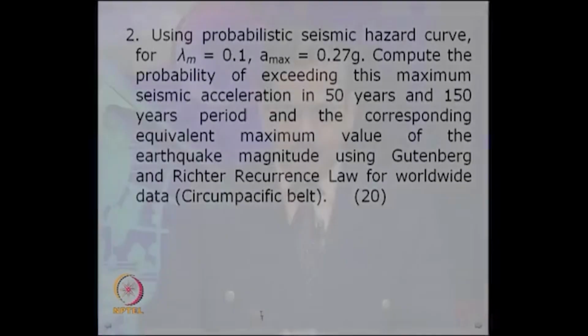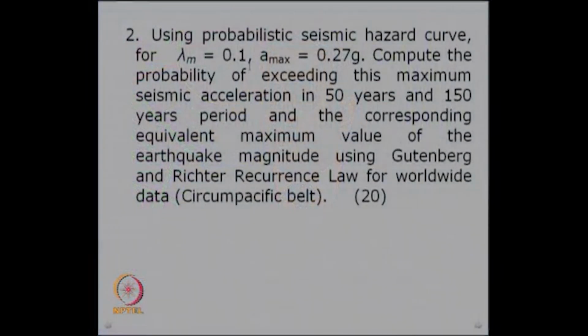Suppose you have obtained some probabilistic seismic hazard curve for a region, and from your results of that PSHA curve, you got lambda m equals 0.1 and A max, maximum acceleration value, is 0.27 G. So, how to make use of that curve for your design?